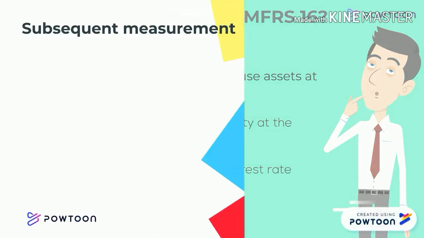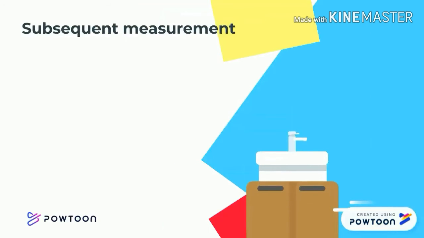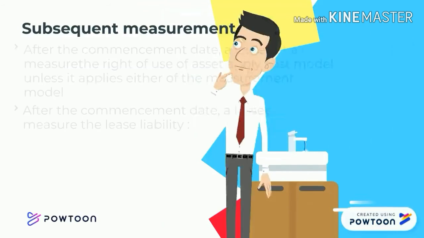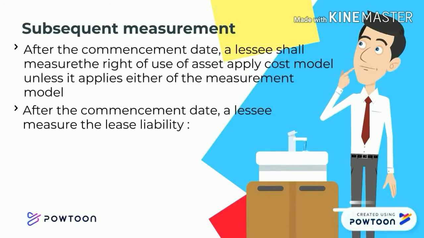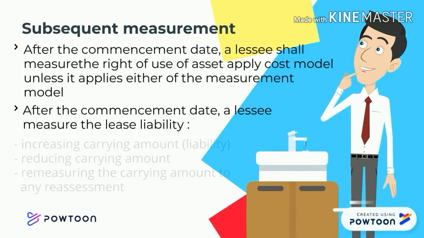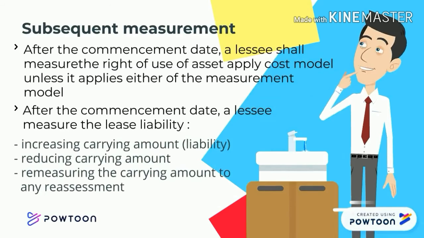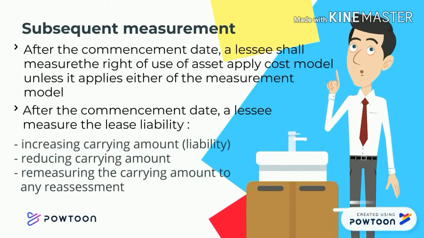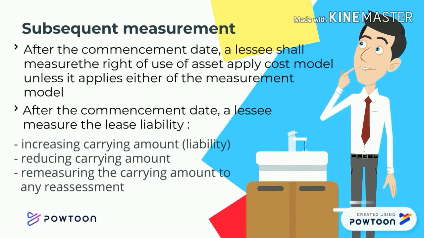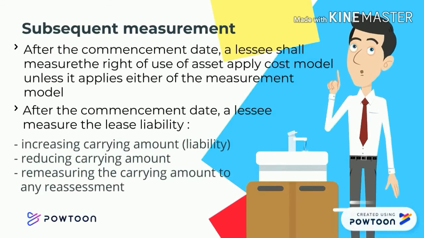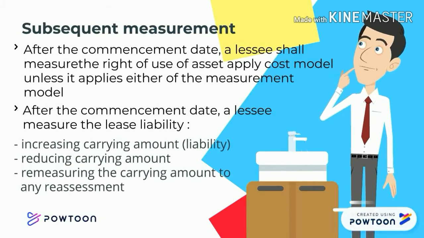After the commencement date, a lessee shall measure the right-of-use asset applying the cost model unless it applies either of the other measurement models. After the commencement date, a lessee measures the lease liability by increasing the carrying amount, reducing the carrying amount, and lastly, remeasuring the carrying amount to reflect any reassessment.